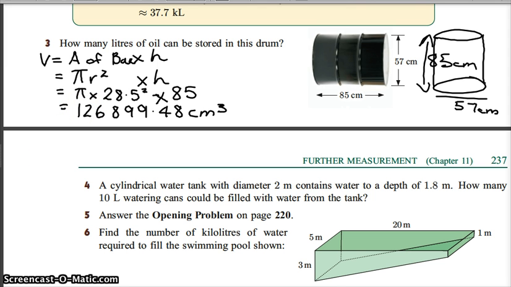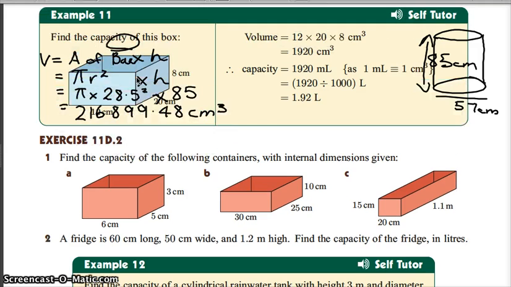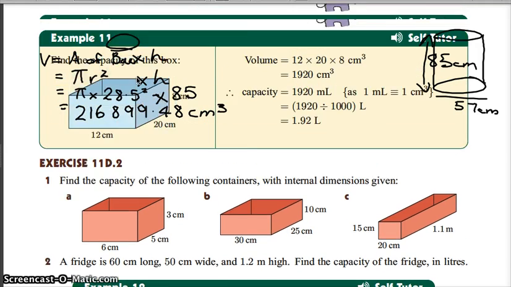Yeah. Yep. Now, Ryan, a quick thing I can see you doing is copying this down as you go, which is okay. My question is, will you understand it? All right. So 216,899 cubic centimetres. But the question doesn't say how many cubic centimetres, it says how many litres. Okay. So if we go back up, times that by 1,000.